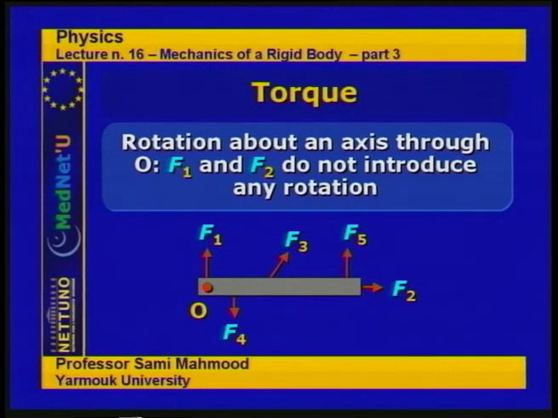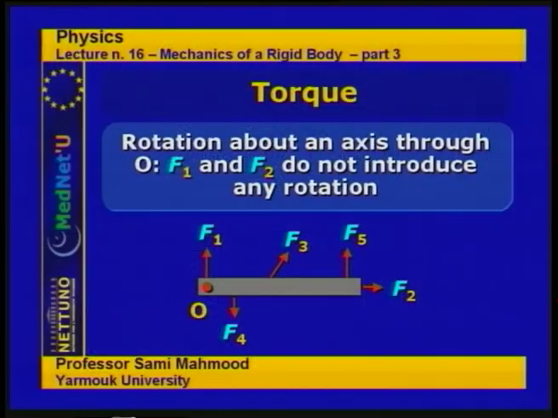Such a force will not produce any motion in the ruler or in the rod. It's just like exerting a force on the door at the hinge point where it is attached to the wall. If we exert such a force on the door, it does not turn, it does not move.